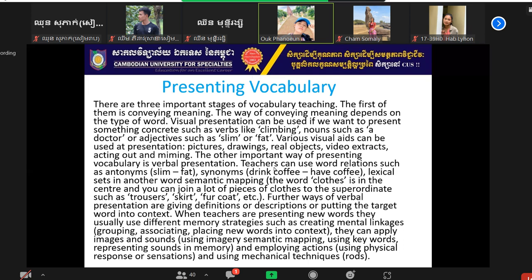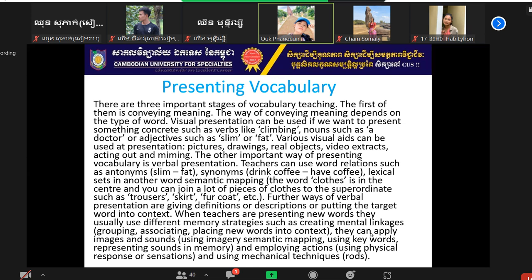When teachers are presenting new words, they usually use different memory strategies such as creating mental linkage, grouping, associating, placing the new word into context.